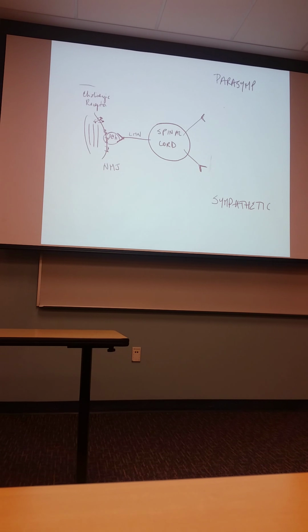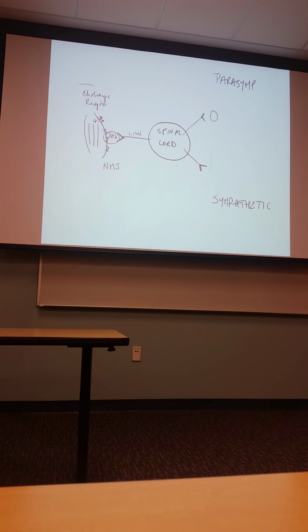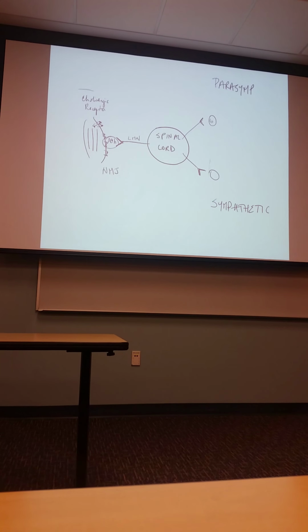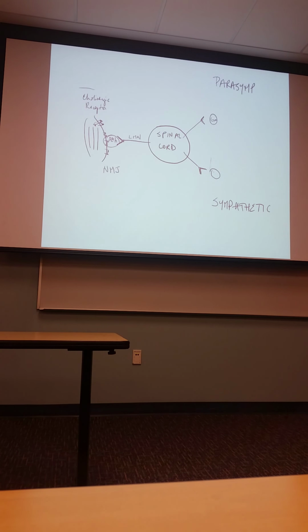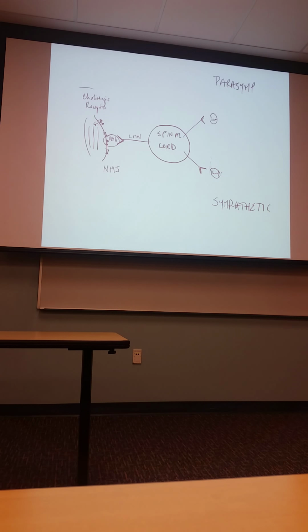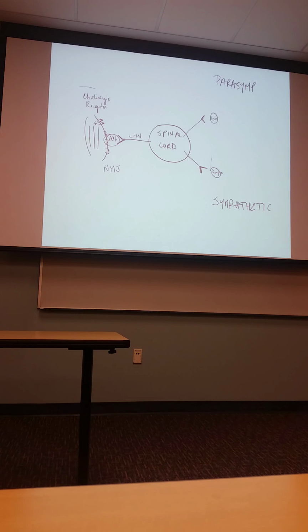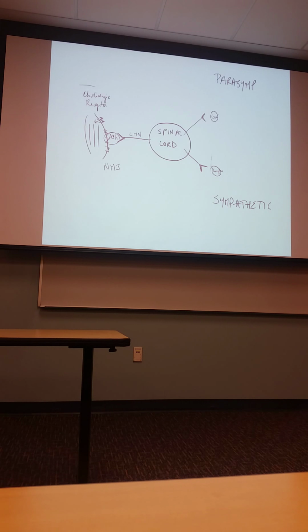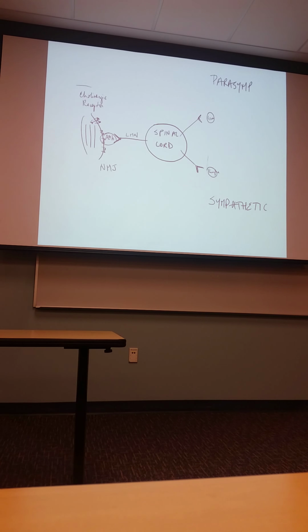In both the parasympathetic and the sympathetic, there is always a ganglia involved. Because of the presence of the ganglia, the neurons are going to have different names.